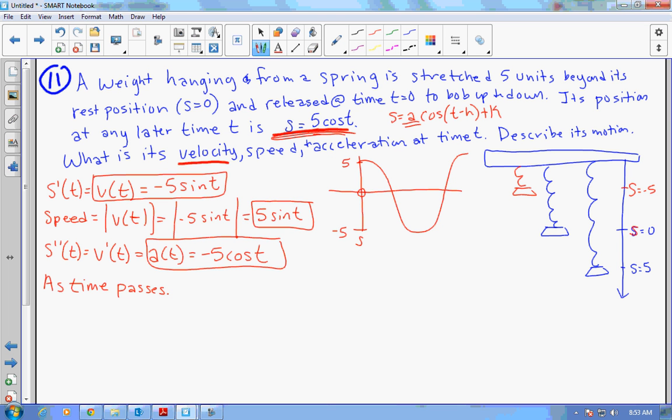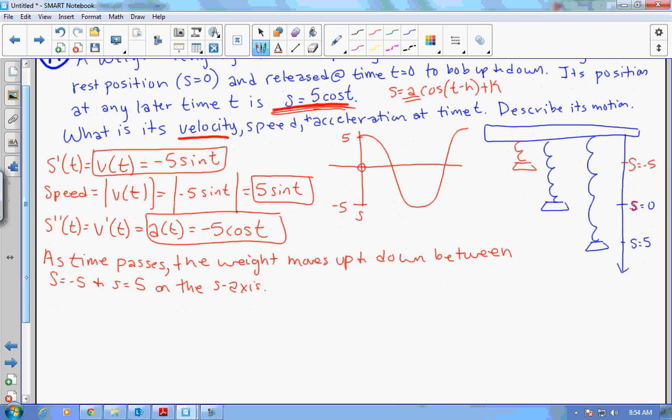Okay, so as time passes, the weight moves up and down between S equals negative 5 and S equals positive 5. You're going to have to do some of these on your homework, which is why we're going over it. Remember, that's the position on the S-axis. The amplitude of the motion is 5, and what's the period?